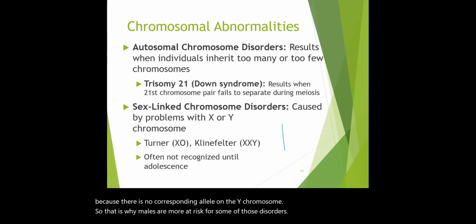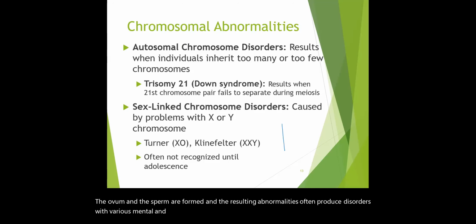Getting into some of our other chromosomal abnormalities, most of the chromosomal abnormalities happen during the meiosis process, when the ovum and the sperm are formed, and the resulting abnormalities often produce disorders with various mental and physical symptoms.